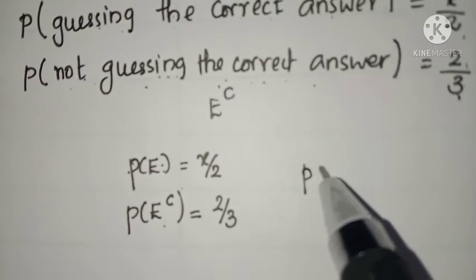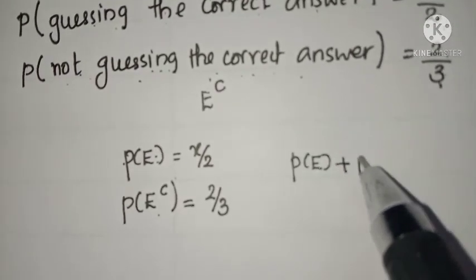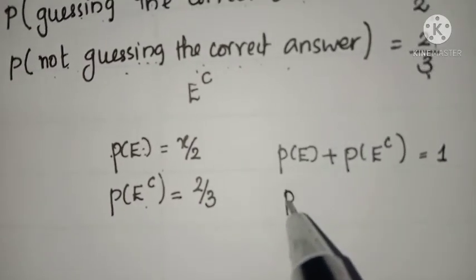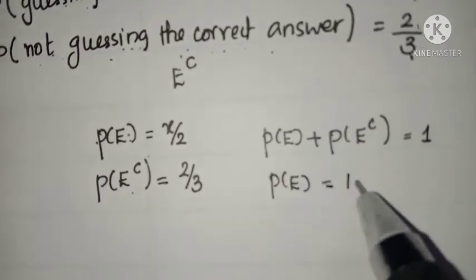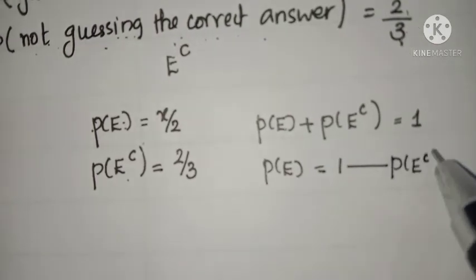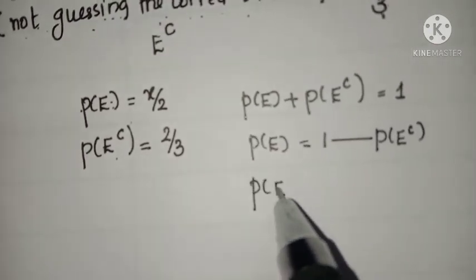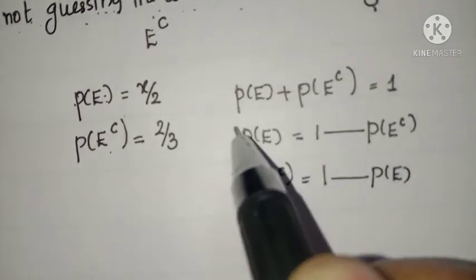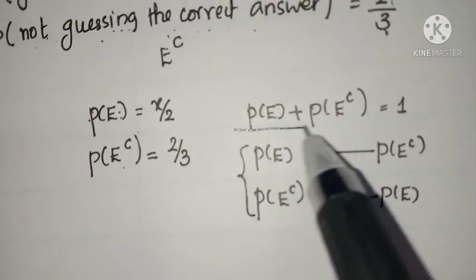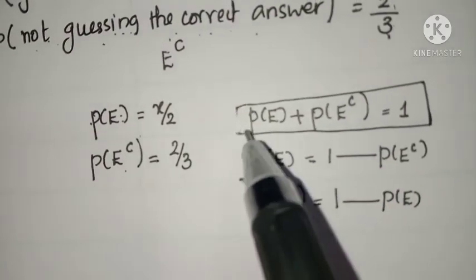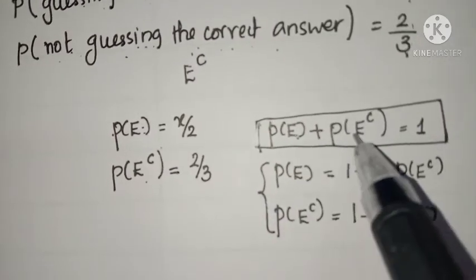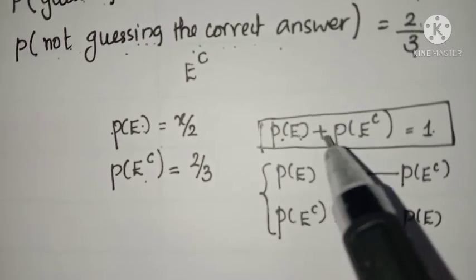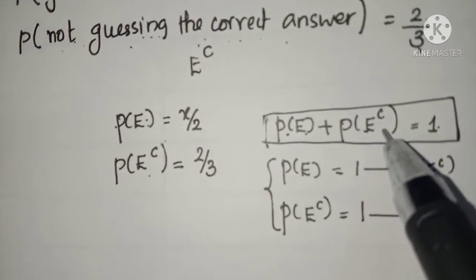So learn by heart the result, P of E plus P of E complement is equal to total probability 1, or P of E equal to 1 minus P of E complement, or P of E complement is equal to 1 minus P of E. So these are the byproducts of this result. So total probability is always 1, probability of an event and probability of its complement event.